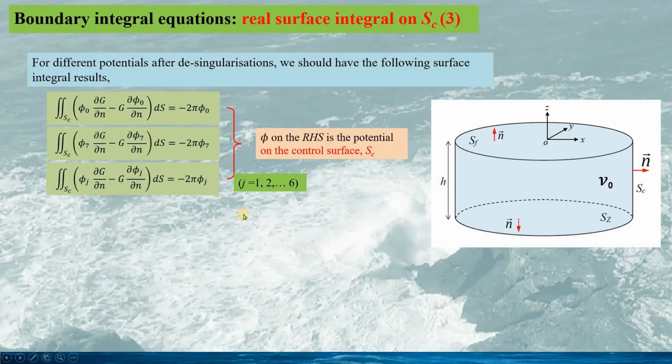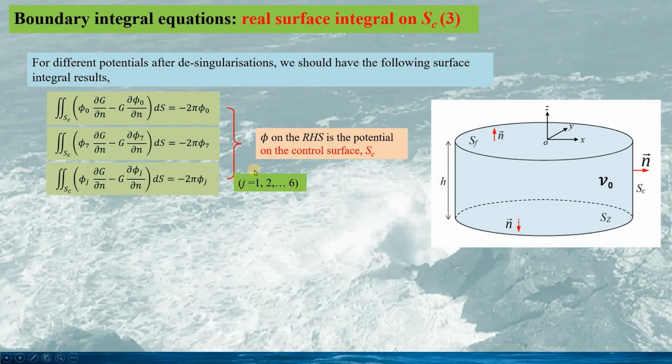In detail, for the potentials of interest in this talk, we can have the expressions for different potentials on the boundary, especially on the control surface SC, since the potentials of the incoming wave phi 0, the diffracted wave phi 7, and the radiated waves phi j all satisfy the free surface and the seabed conditions.